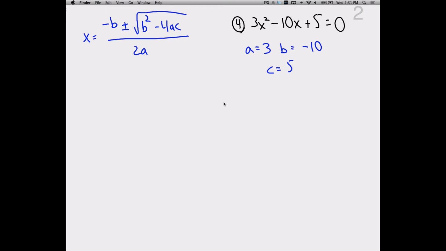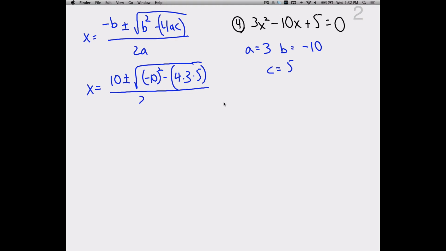Okay, so here we go. X is equal to 10 plus or minus the square root of negative 10 squared minus, parentheses are not a bad idea right there, 4 times A times C, close parentheses, all divided by 2 times 3. You might not have to write it out in that detail, but since it's the first time we're doing this, I plugged everything in.